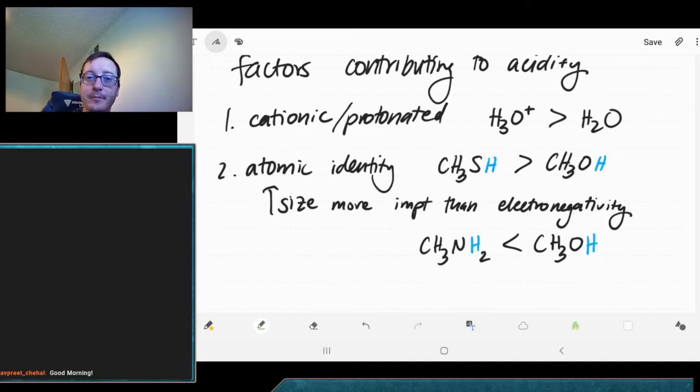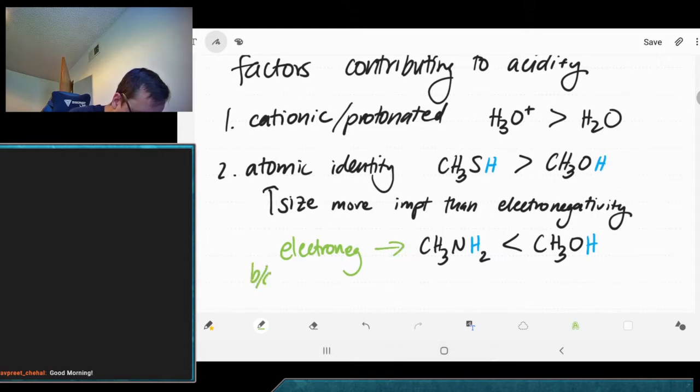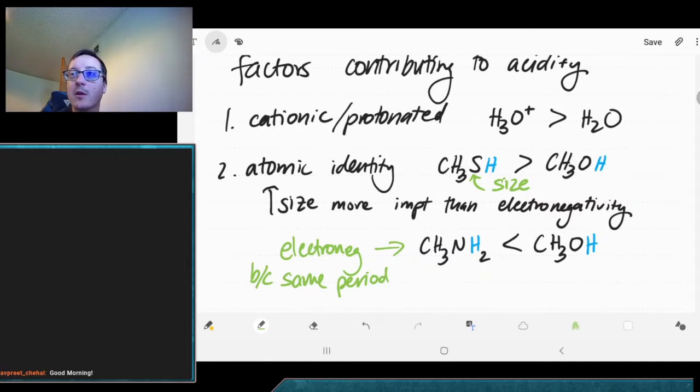So those are the two we're looking at. So here this is about electronegativity because of the same period. And here it's about the size. That's why the sulfur one will be a stronger acid.